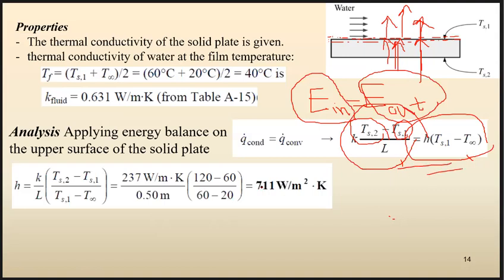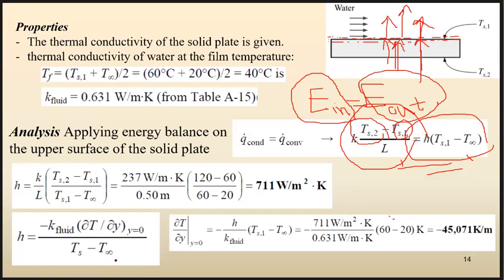By this equality, I can calculate H. So H is this. Now, we are asked to calculate the temperature gradient at the surface. How do we calculate the temperature gradient? We get back to the equation from the previous lecture. H is equal to minus K, the conductivity of the fluid, times the temperature gradient at the surface at y equals 0, divided by Ts minus T infinity.